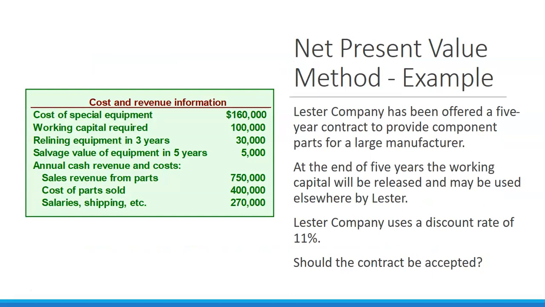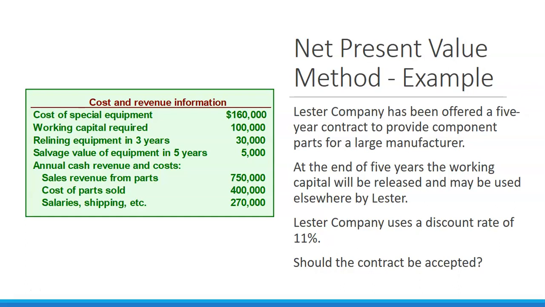So in looking at this example, we have information about a project that we're looking at. So we've been offered a 5-year contract to provide component parts for a large manufacturer. At the end of 5 years, we're going to release our working capital and use it elsewhere. So we have annual working capital that is required.